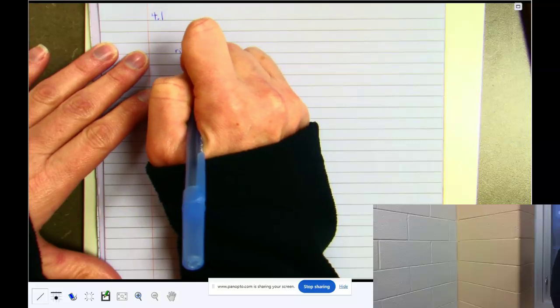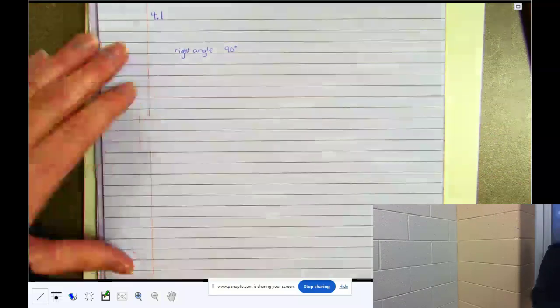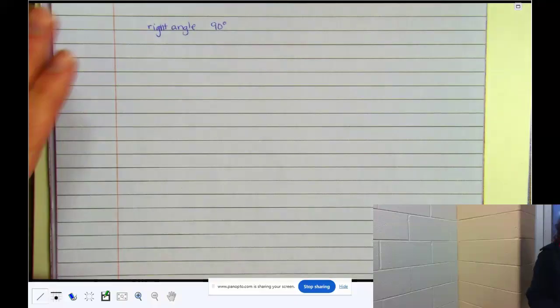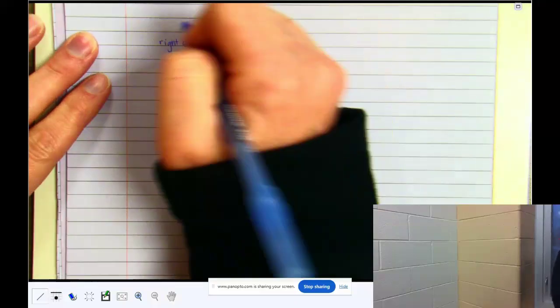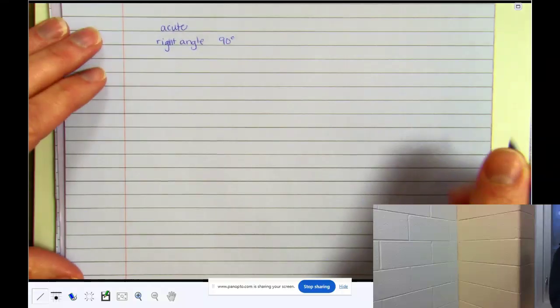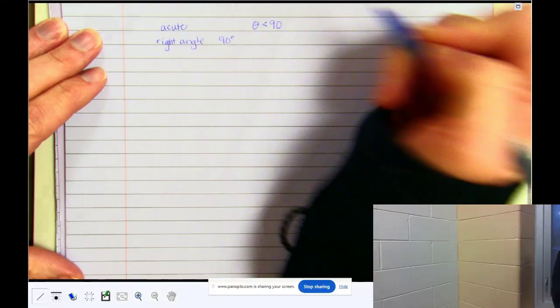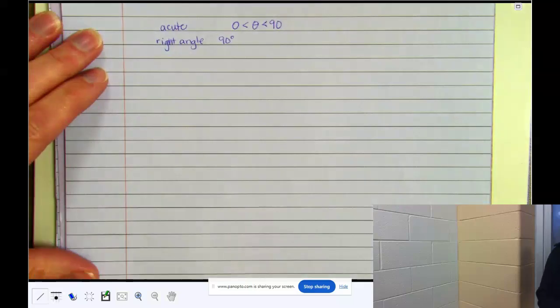A right angle is what? 90 degrees. Okay, so what other angle types do we know? Acute. Yep, what's acute? Under 90. And if it's under 90, it's also got to be what? Over 0. Okay, what else do we know?